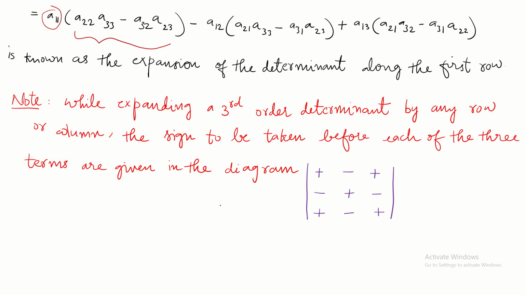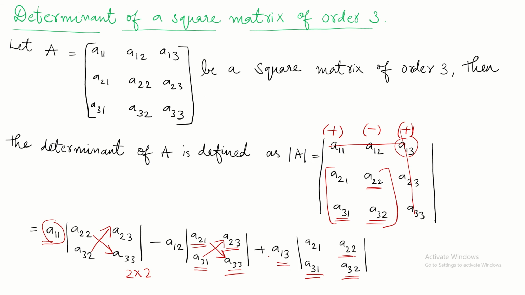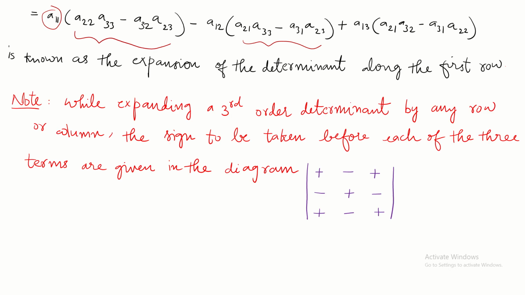Next, A21 into A33 minus A31 into A23. And the next last term A13, അതേപോലെ A21 into A32 minus A31 into A22. So this is your final formula. 3 by order 3 ന്റെ final formula ആണിത്. Okay, you have to remember.